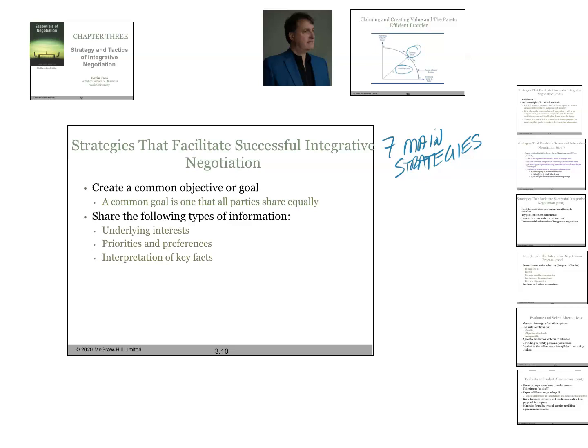So the first one is to create a common objective or goal. And perhaps this is one of the essential elements of the Pareto efficient frontier, where we're trying to be creative and explore ways to generate clearer and better and even more options. So this is one that all parties would share more or less equally. And how do you do this? You do this in the dialogue with your opponent.